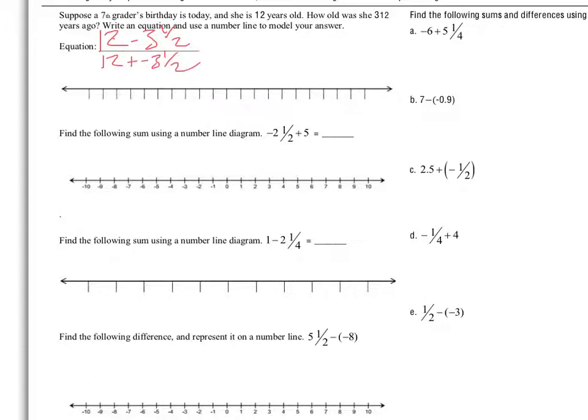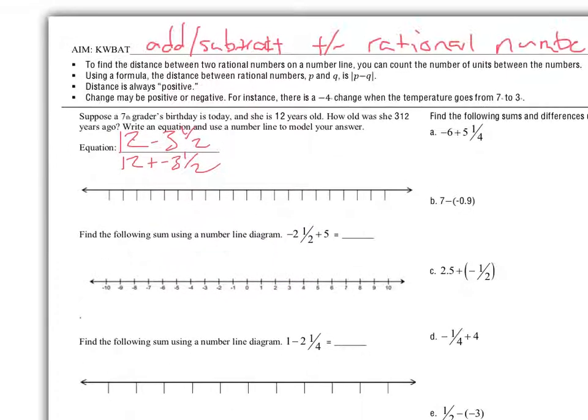So on my number diagram, I definitely need to label some points here. I'm just going to start at 0. And I need to have halves involved, so I'm actually going to label every other one as a whole number. That's going to give me the space to identify a lot easier where the halves are.